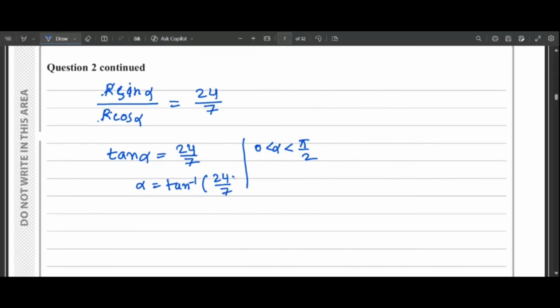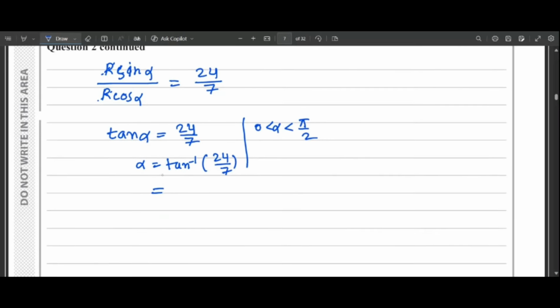So tan inverse of 24 by 7 will give us 1.287 up to 3 decimal places, and this is our answer for alpha.